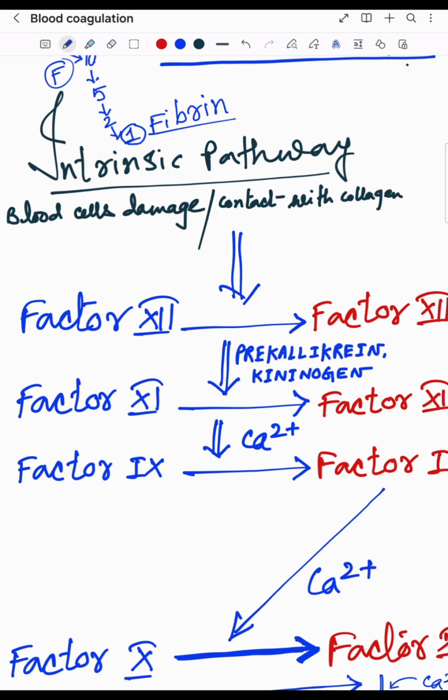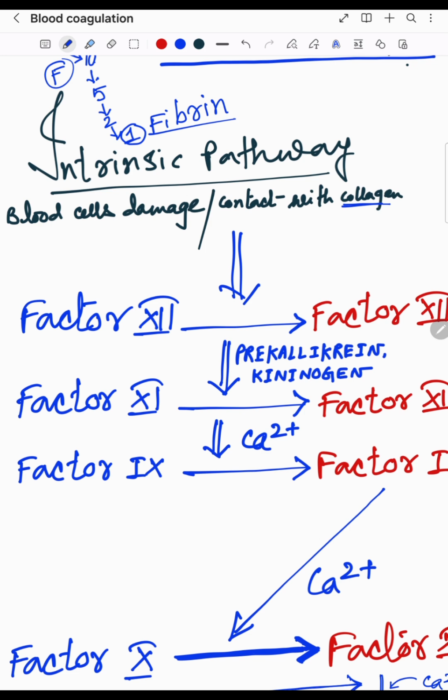Whenever there is a cut in the endothelial cell layer, or whenever it gets in contact with collagen, factor 12 gets activated. Because we know that after the endothelial cell layer there is a connective tissue layer, that is collagen, in the blood vessel structure.